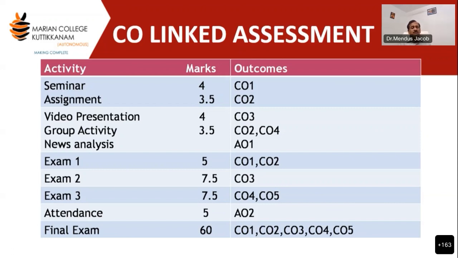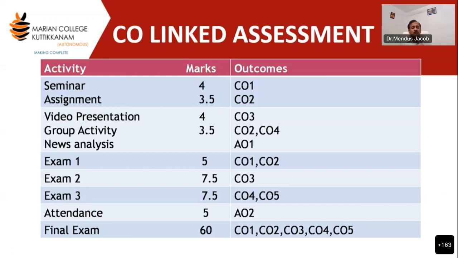As I mentioned, I'm taking only a simple case. Suppose there is a news analysis, and this can be considered as an activity outcome. Then we are conducting some internal examinations, and our first exam is for 5 marks. Suppose the questions in the first exam are mapped to CO1 and CO2. For example, I'm considering only the first 2 modules or units of the syllabus, so they will be mapped to CO1 and CO2.